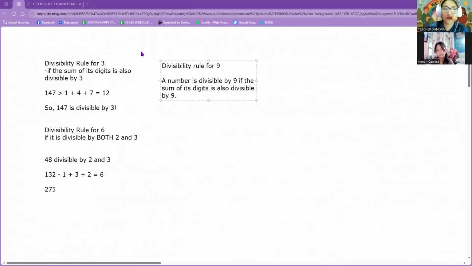It's kind of the same as the divisibility rule for 3, but this time it focuses only on 9. Okay?